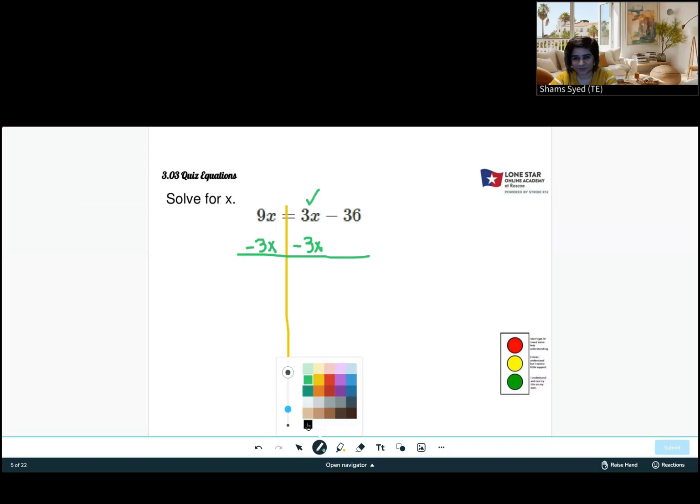And that gives us 9x minus 3x gives us 6x. 3x and a minus 3x cancel each other off. It's a 0. You're left with a negative 36. Remember, the goal is not to get 6x.